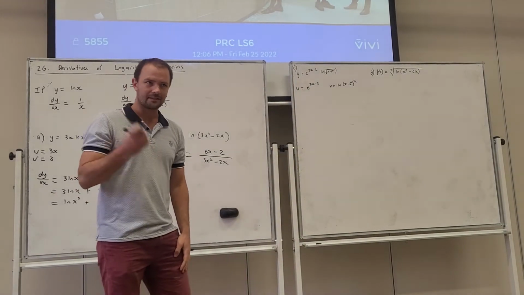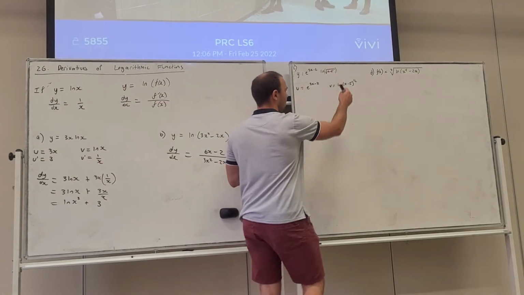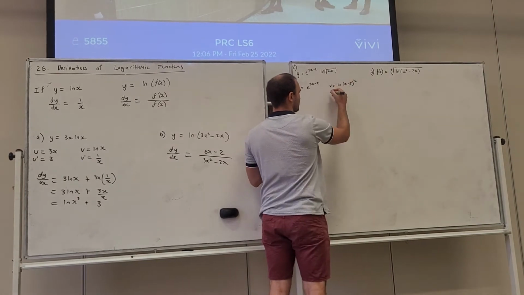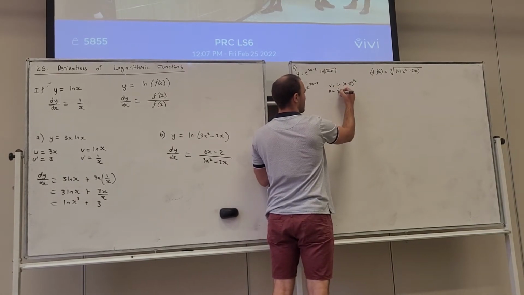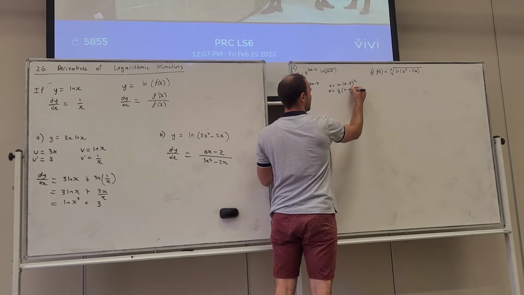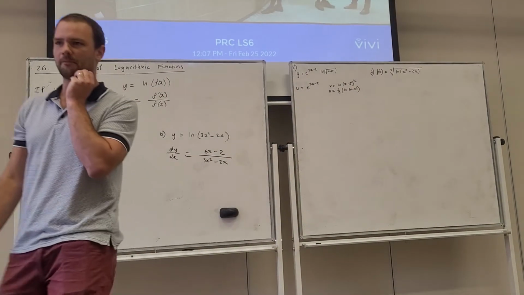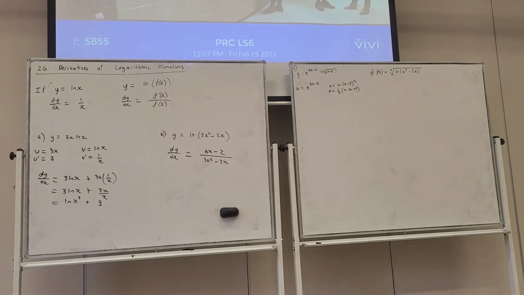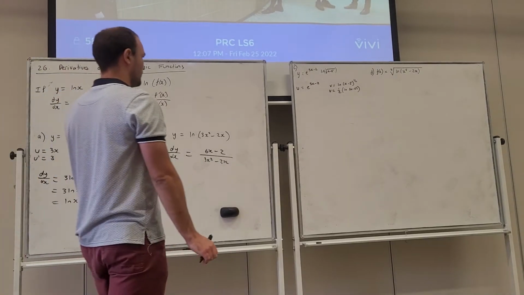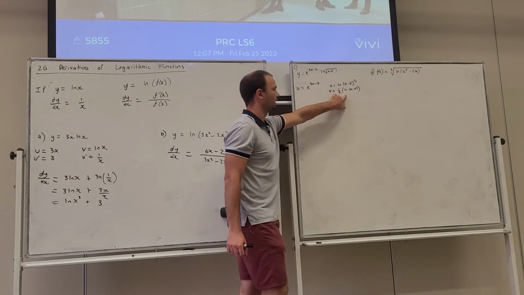Now in order to make our differentiation a bit more simple, I'm just going to bring this half to the front. So another way we can write v is half times ln of x take 5. Okay, that number can just come out the front. And that's much easier to differentiate. Now we don't need to use the chain rule in there. Okay? So that's just how I'm going to express v.